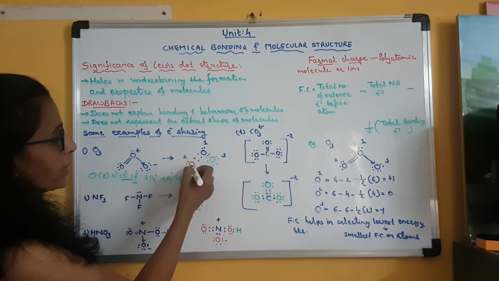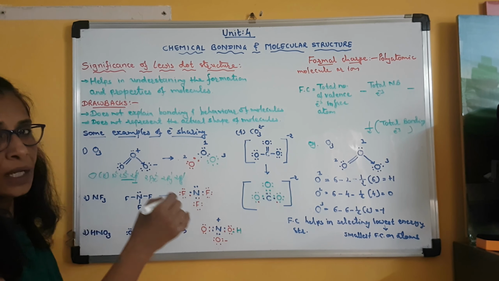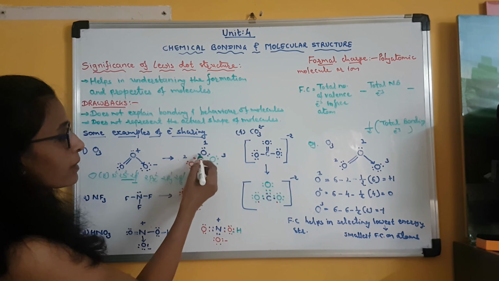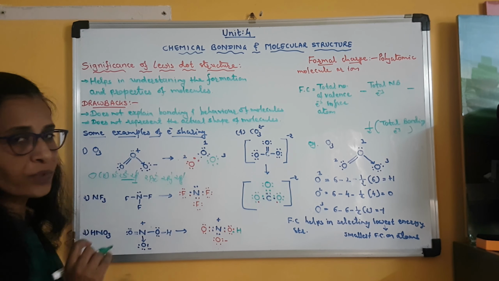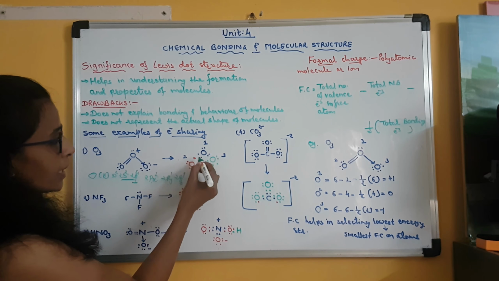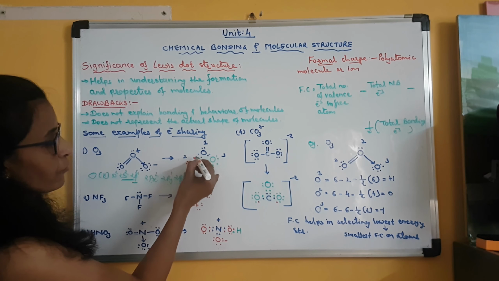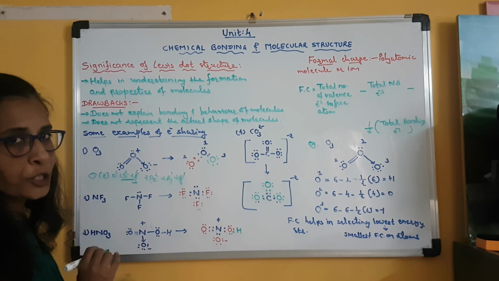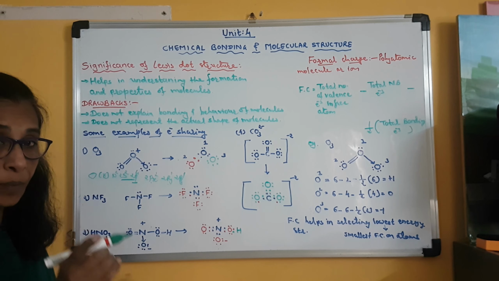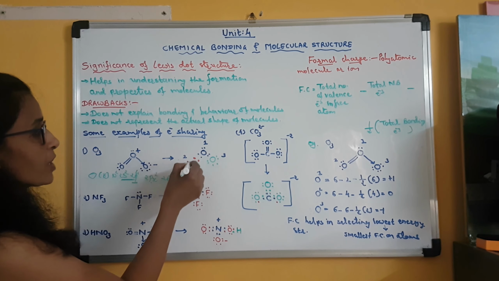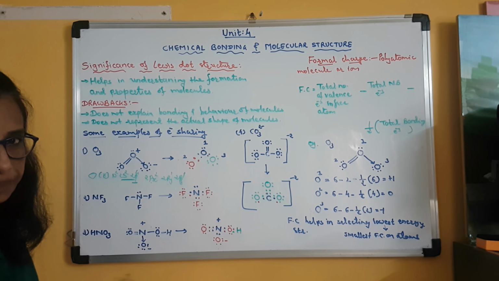So number 1 and 2 will very wisely share their unpaired electrons with each other, and 2 electron pairs are formed between number 1 and 2, and that is how a double bond is formed. So a covalent double bond is formed between the first and second oxygen atom.